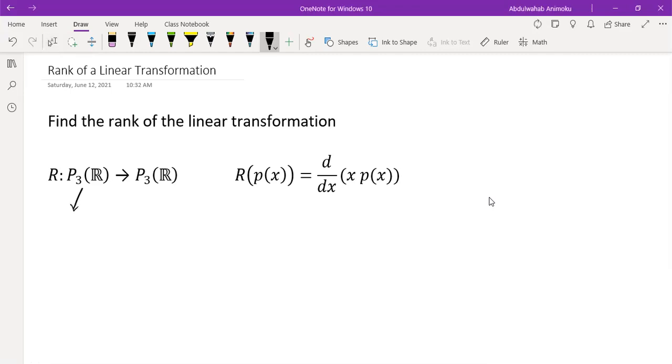What does P3R mean? It means we have a space of polynomials of at most degree 3.